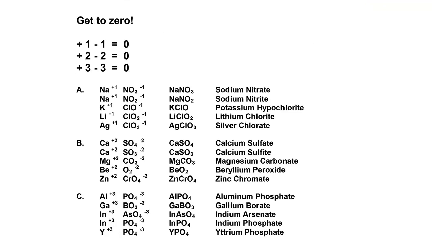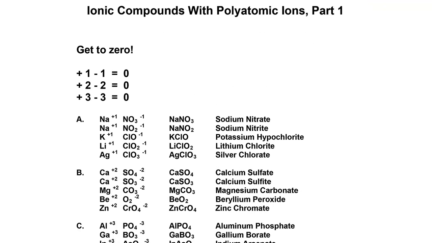Well, here we go. +1 -1 equals 0, +2 -2 equals 0, and +3 -3 equals 0. So just like we did last week, I'm going to start with the +1s, and then I'll move to the +2s and the +3s. So I'm going to pick a +1, and I'm going to pick a -1.